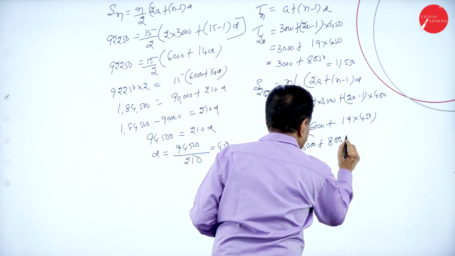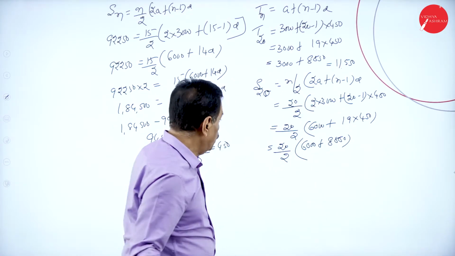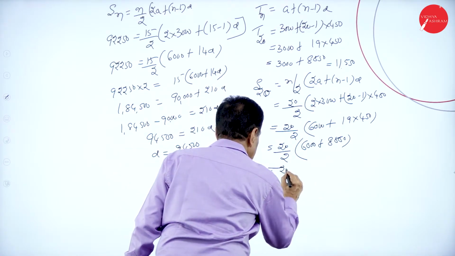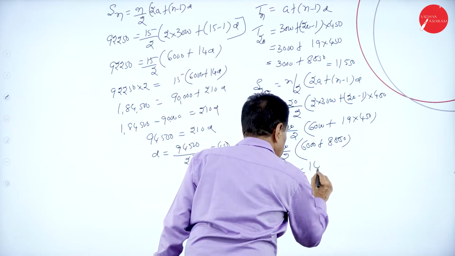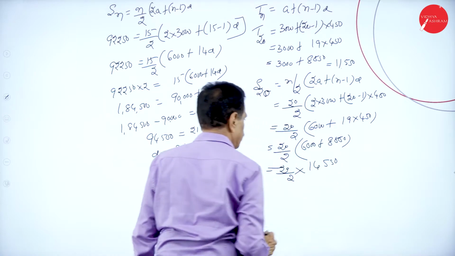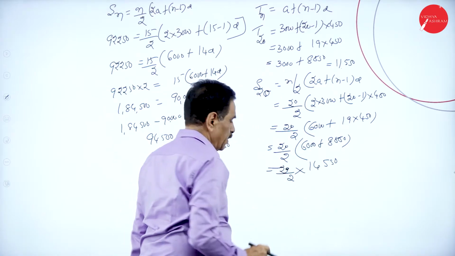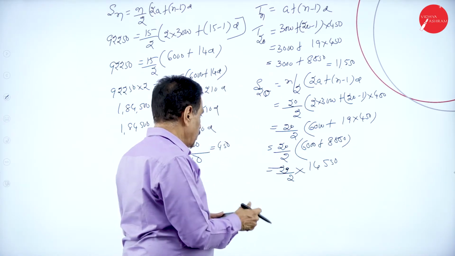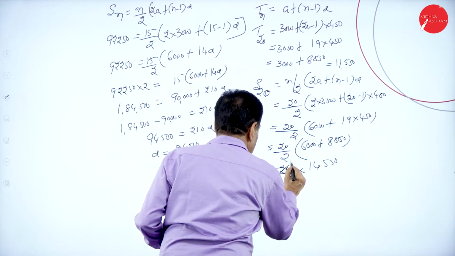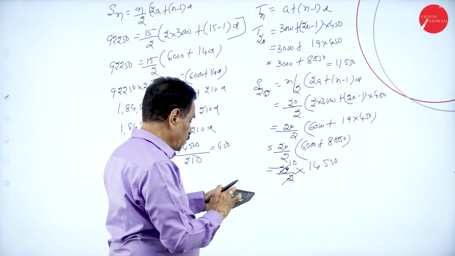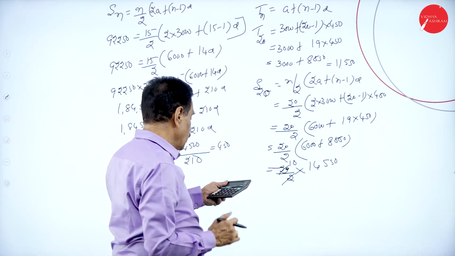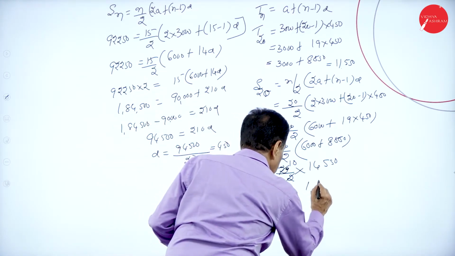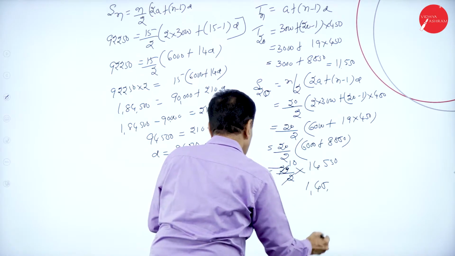19 into 450 is 8,550. So 20 divided by 2 into 14,550. So 2 tens are 20, it will go 14,550 into 10, which is 1,45,500.